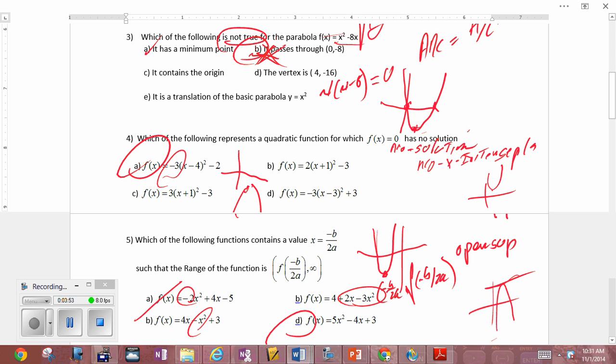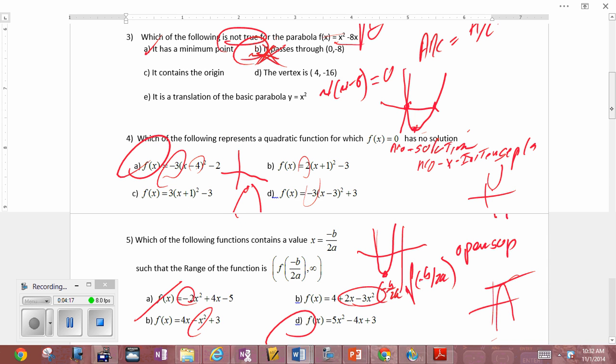Each of these functions, as expressed here, offers you the vertex and the direction of the parabola by the leading coefficient. So if you look at them, you luck out with A, because A has the vertex in the fourth quadrant at (4, -2) and opens downward.